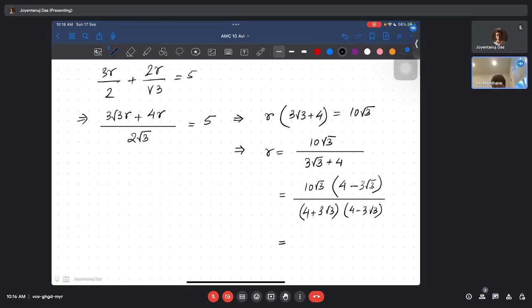Minus 60, over 16 minus 27. How is it negative? Wait. Yes, that is fine. Means we can adjust it.